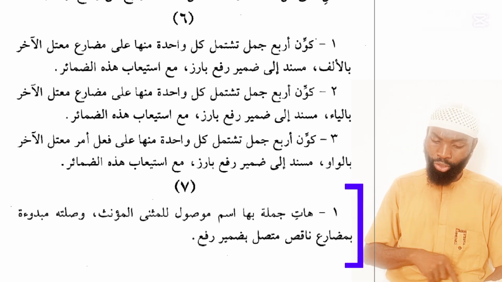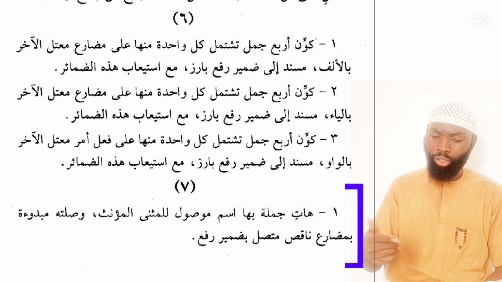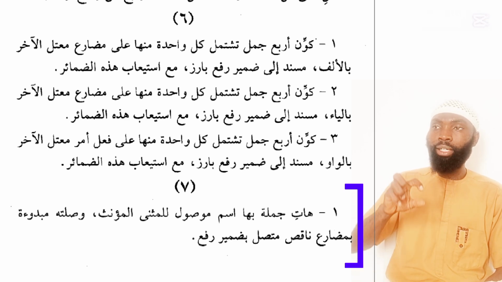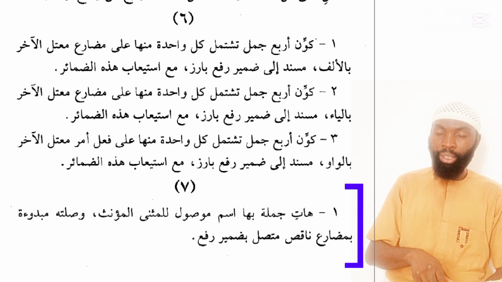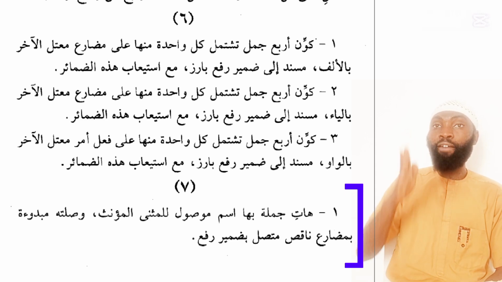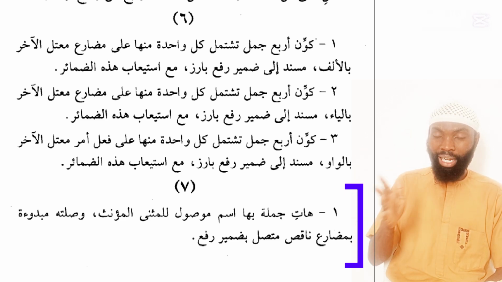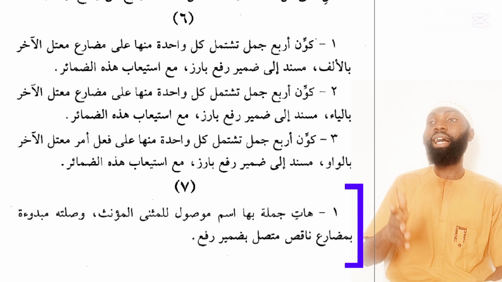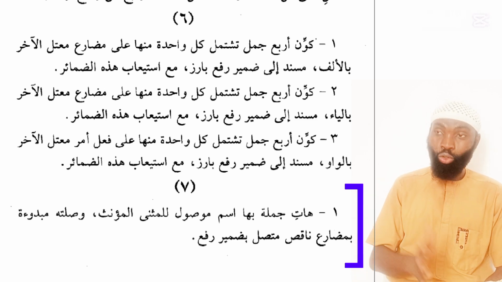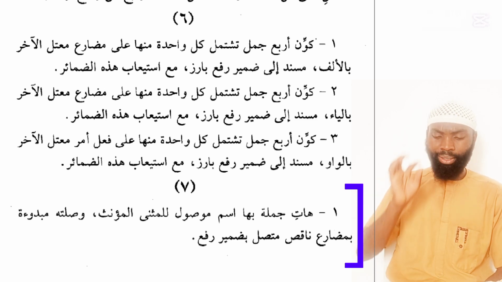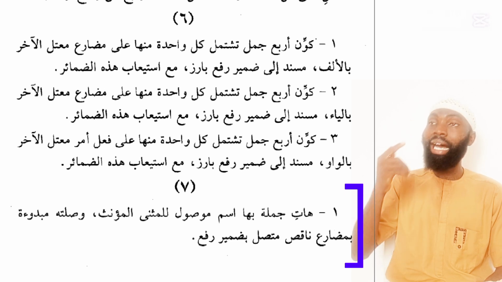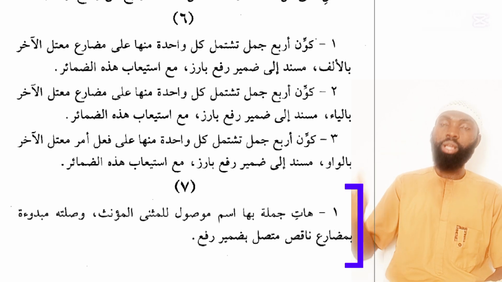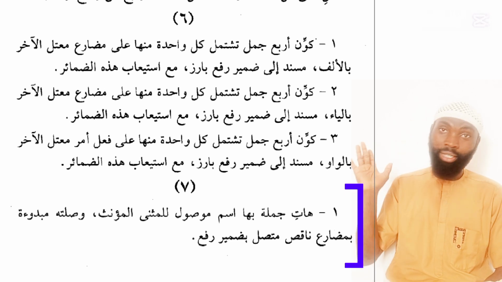So how are they supposed to be used? Wasilatuhu mabdu'atu bi mudari'in naqisin, and the verb which is conjoining it should be beginning, meaning after the allatani or allataini, the next word or sentence that will serve as the joining sentence to complete the meaning should begin with the present tense verb that has a sick letter, and the sick letter should be attached to a pronoun. We have studied this.